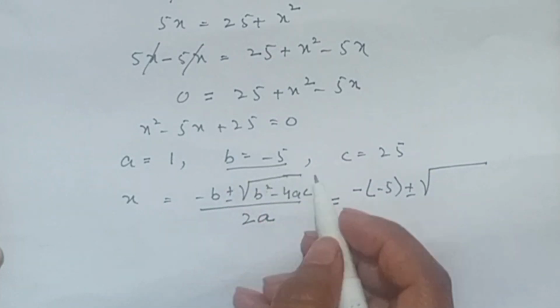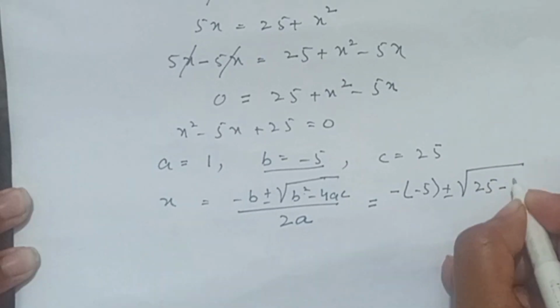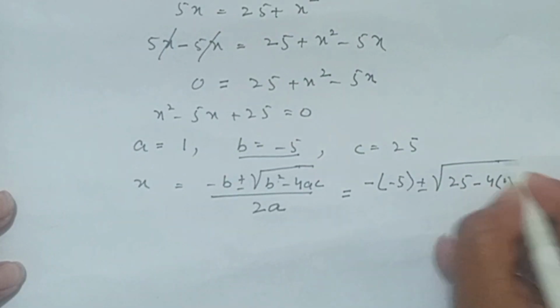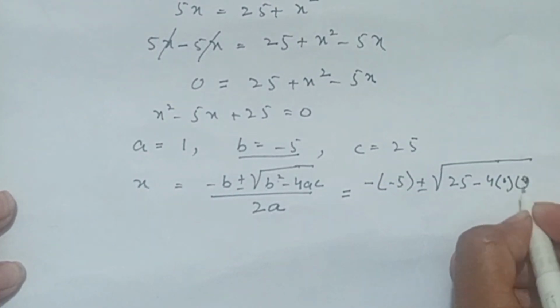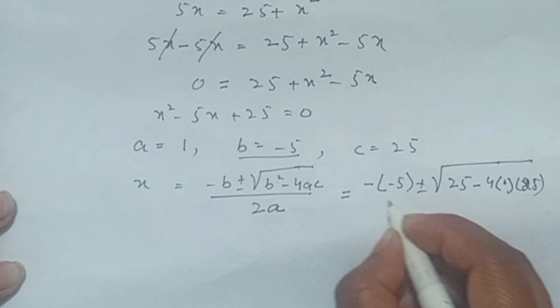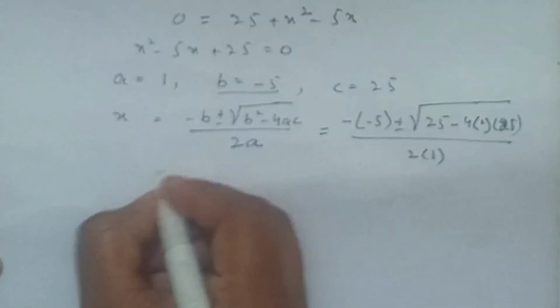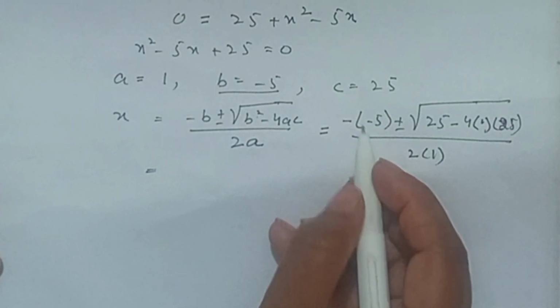So take the square of minus 5, we get 25 minus 4, a is 1 and c is 25, over 2 times a, which is 1. So simplify these values. Look at this, negative will become a positive.